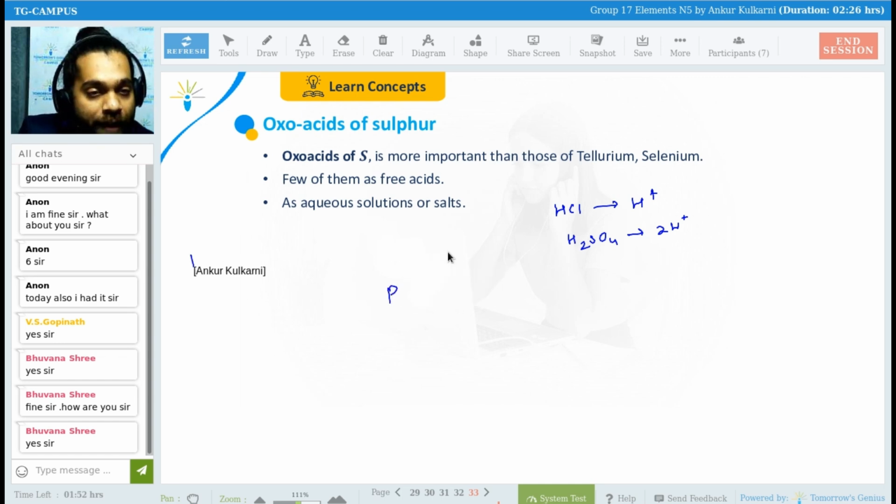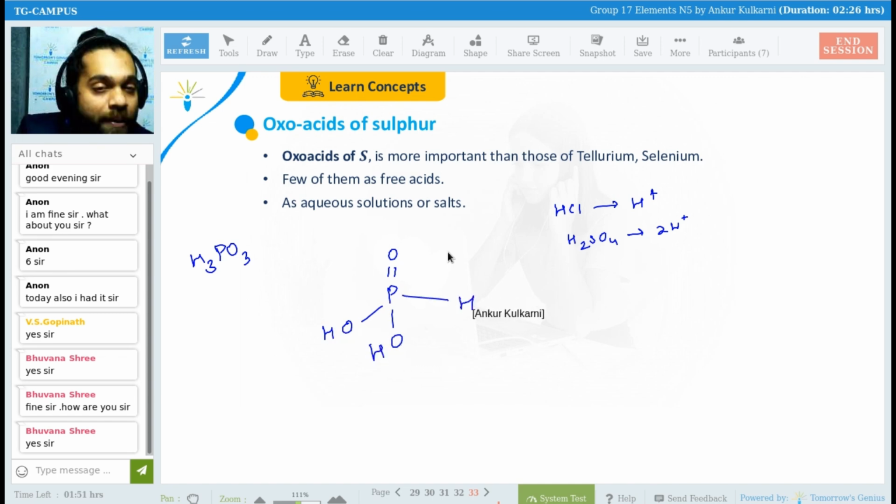What we will do first, we had done this in detail. I'll draw P, I have H3PO3. I'll draw a double bond O, then the remaining O. How many O are remaining? 2 O. Then I'll give the hydrogens. If you remember, the P-H bond is non-ionizable.